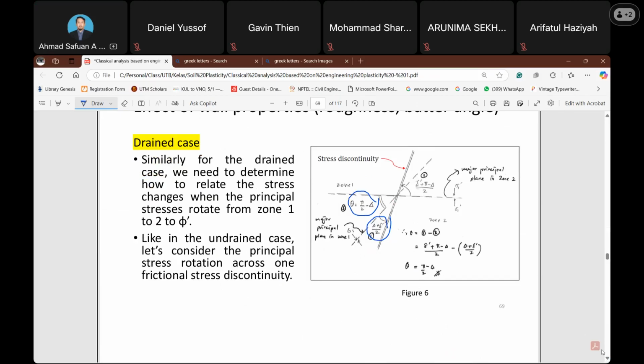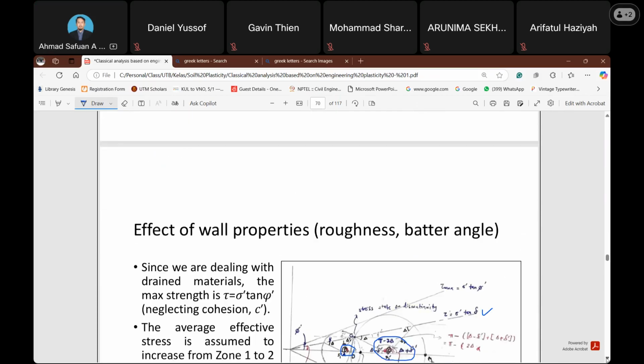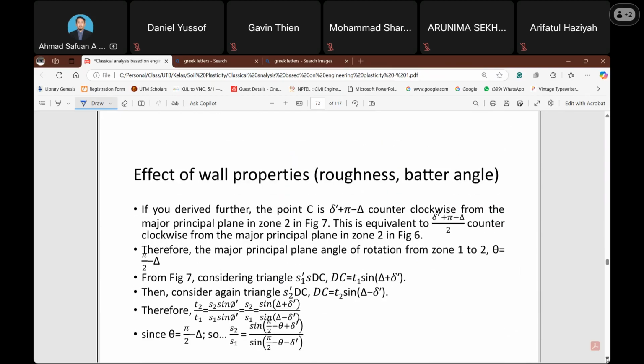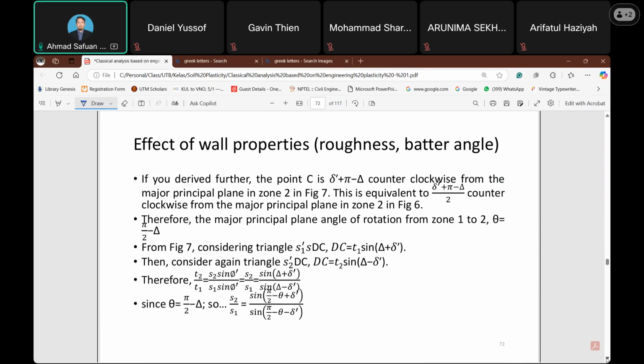Therefore, the major principal plane angle of rotation from zone 1 to zone 2 is equal to theta equal to pi over 2 minus delta.